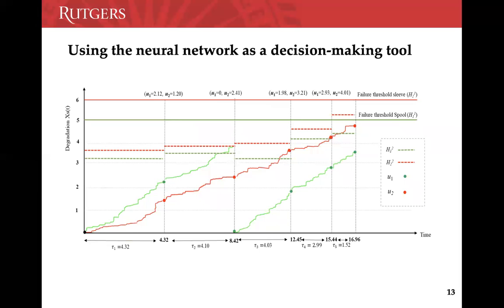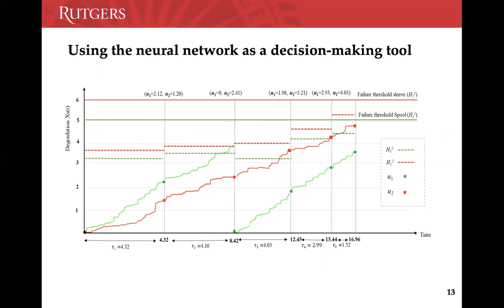I also showed the result of the first simulation run in this plot. As you can see, from the beginning, everything is new. Both of the components have the degradation equal to 0. And then by feeding into the neural network, we can find the next inspection time, and we can measure the degradation of both of them after this amount of time and compare it to the unconditioned threshold from the previous step.